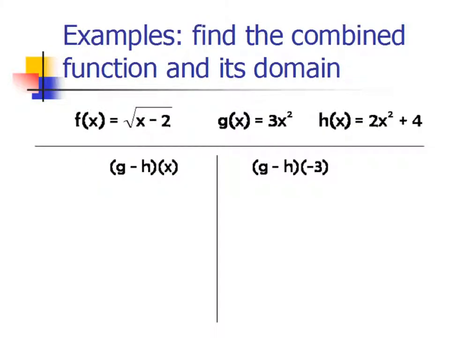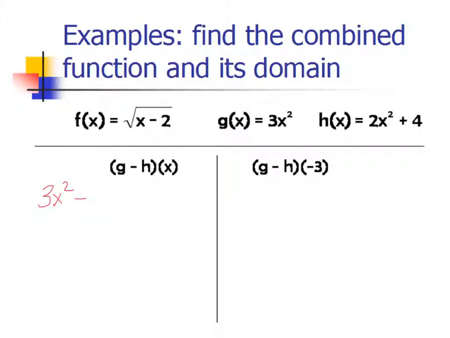All right, let's try one more. I've got those same functions up there, so you can look back at your notes at your domains. This time I'm going to do g minus h of x. So that means take the g function, 3x squared, and I have to subtract the h function.